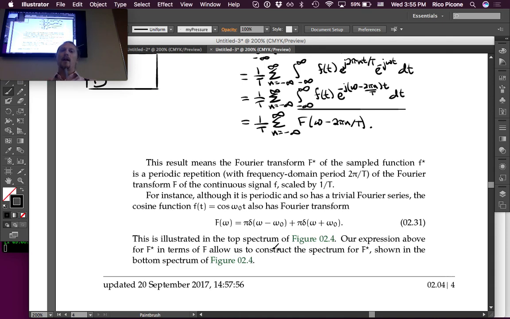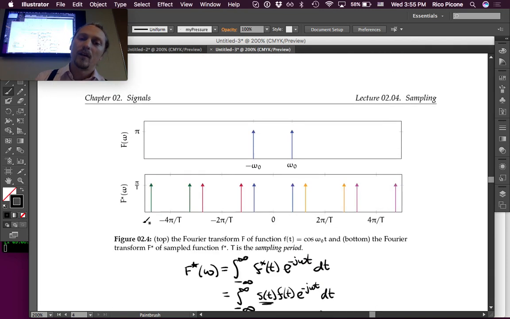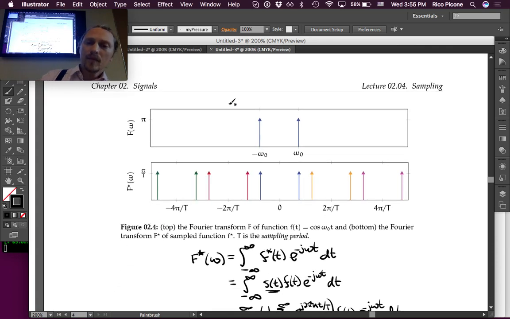They're offset about 0 by omega naught. And omega naught is the frequency of the cosine function, the angular frequency of the cosine function. This is illustrated in the top spectrum of figure 2.4. Our expression above for f star in terms of f allows us to construct the spectrum of f star shown in the bottom spectrum.